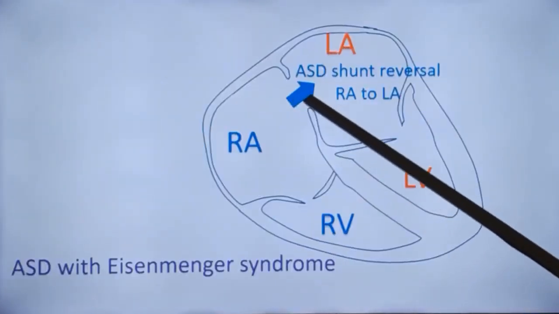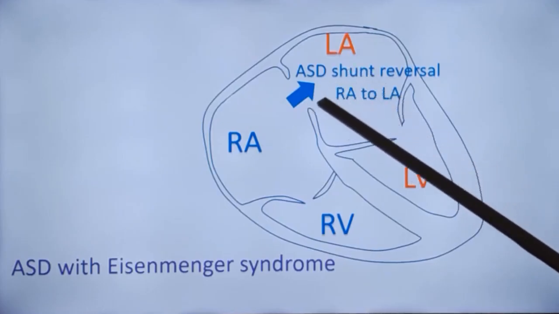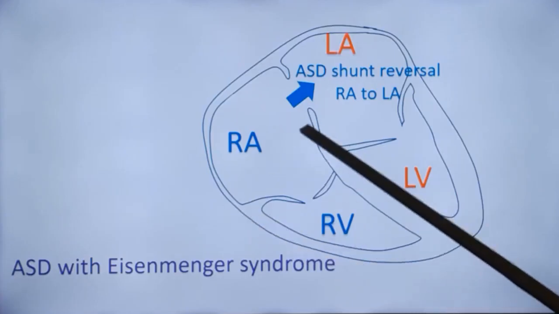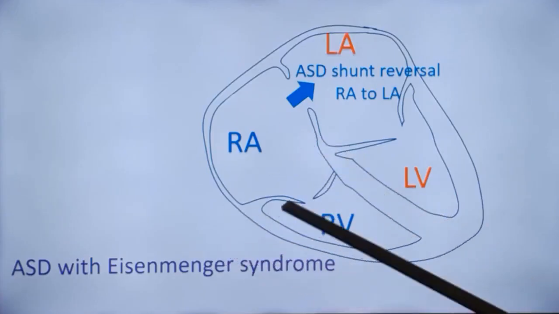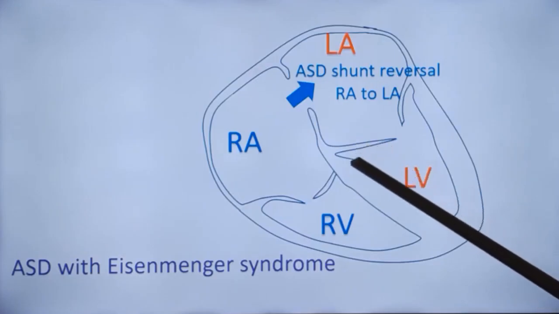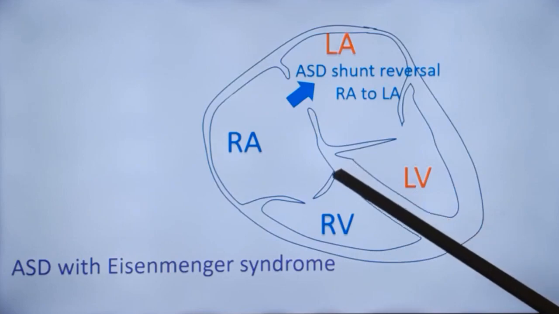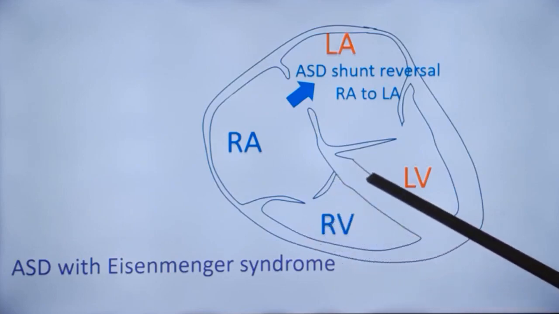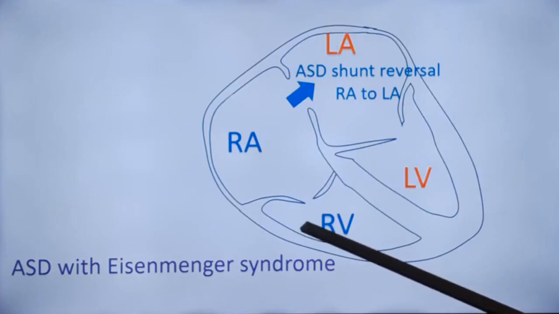Shunt reversal across ASD occurring in severe pulmonary hypertension secondary to large left-to-right shunt is ASD Eisenmenger syndrome. There are some important features differentiating ASD Eisenmenger from the other two varieties. In ASD, the shunt is established only when the right ventricular muscle regresses after birth.